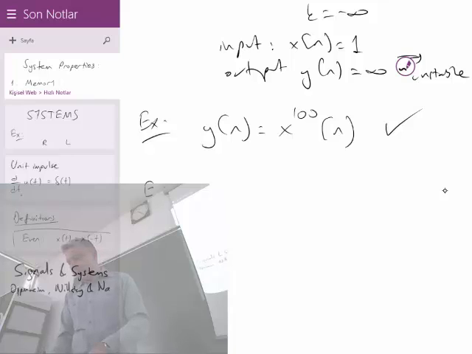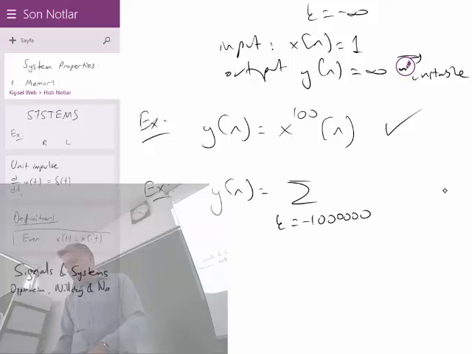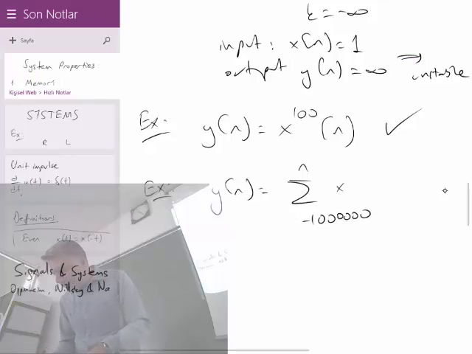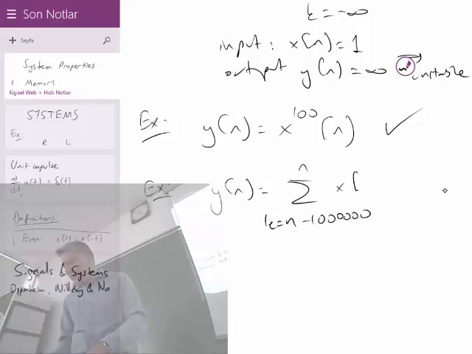Or y of n is equal to the sum over k from n minus 1 million to n of x of k.